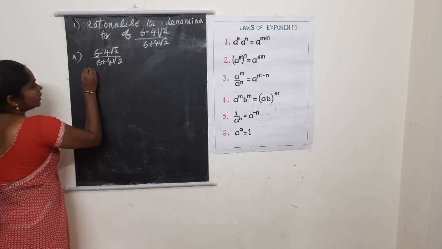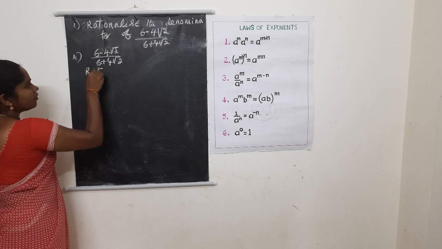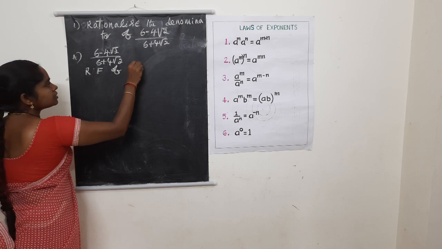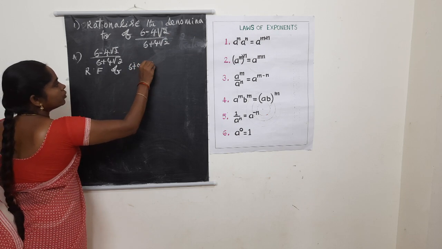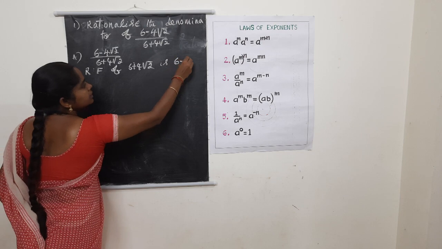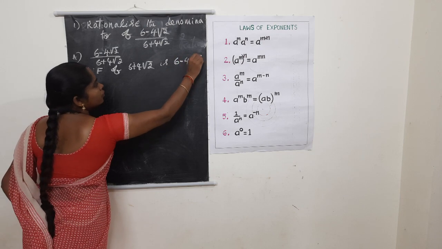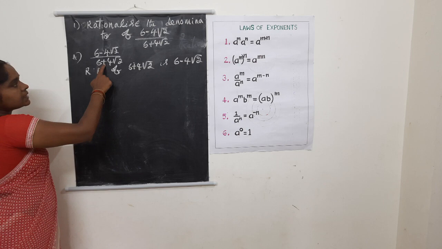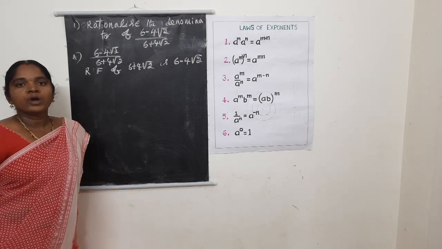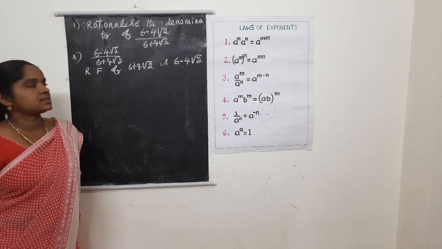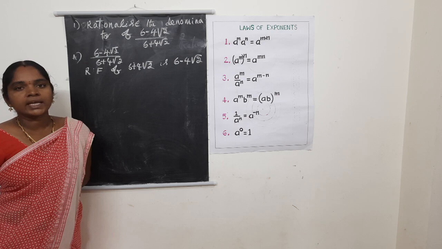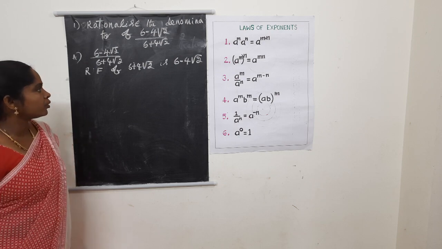So, the rationalization factor of 6 plus 4 root 2 is 6 minus 4 root 2. If we have plus symbol, we have to multiply with minus.